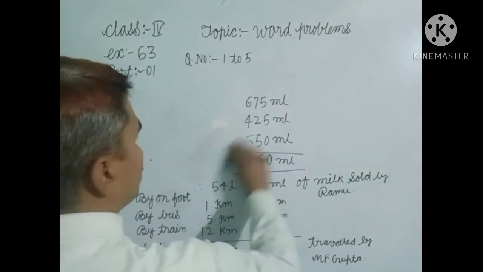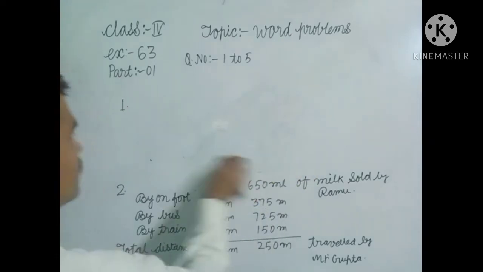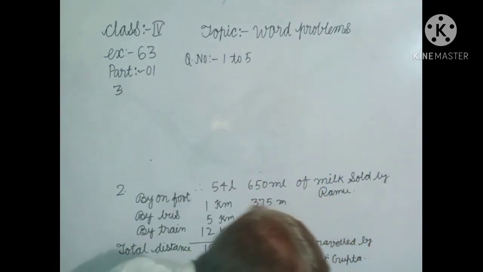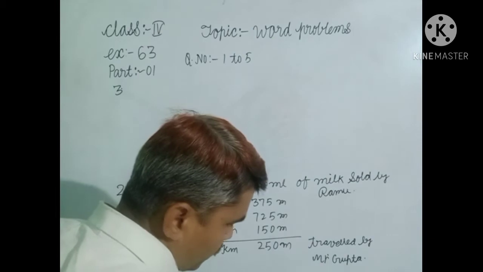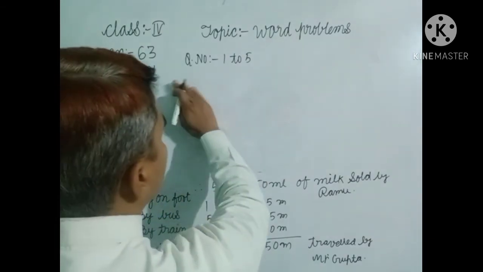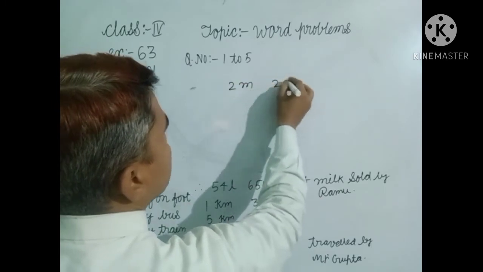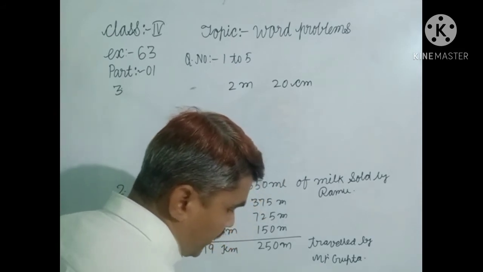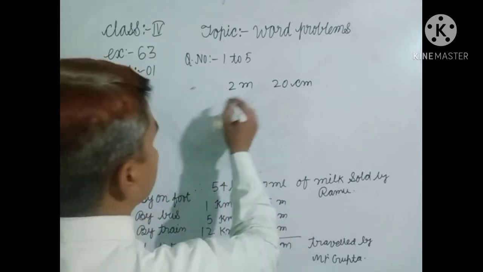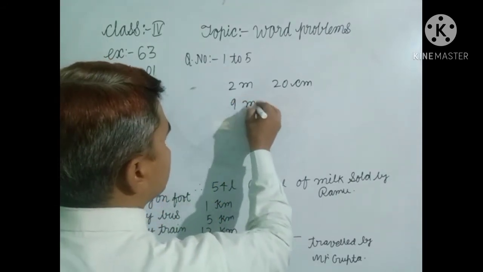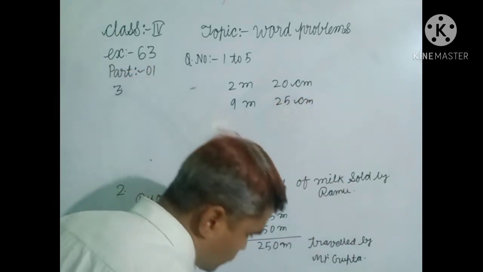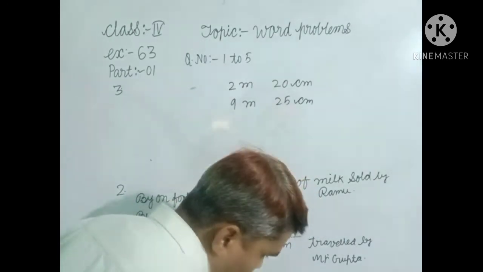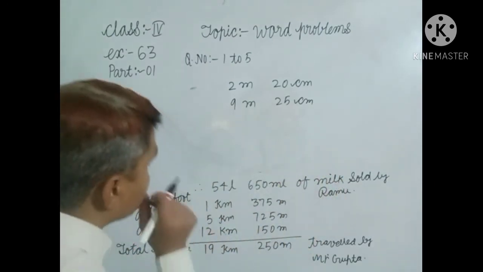Now again, question number 3. Dear students, Lakshmi buys 2 meters 20 centimeters of silk cloth and 9 meters 25 centimeters of cotton cloth. Find the total length.